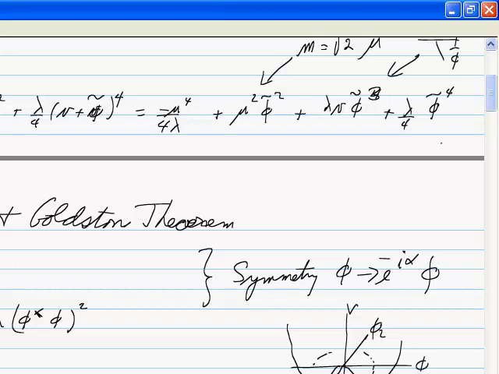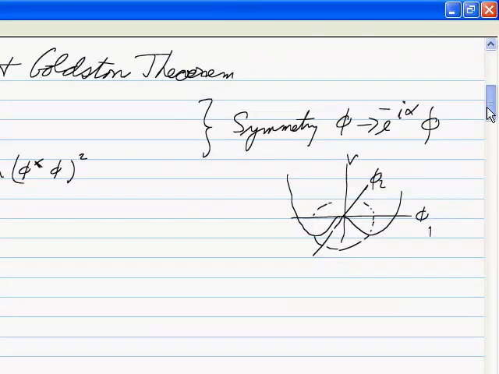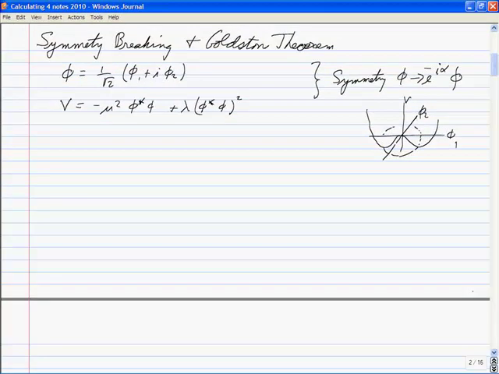Okay. So let's just plug ahead. There are lots of minima now. There's a minimum right here, a minimum there. They're going all around. Again, they're all equivalent. If you choose any one of them, you'll get the same results. So I'll just choose the one that sits right here along the phi 1 direction.